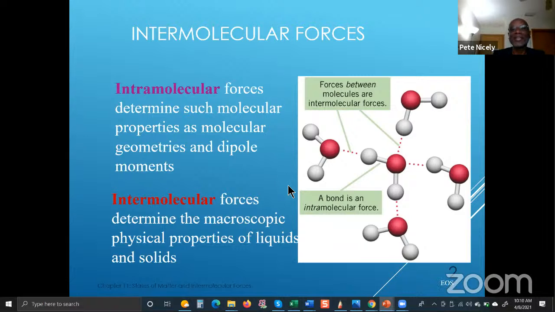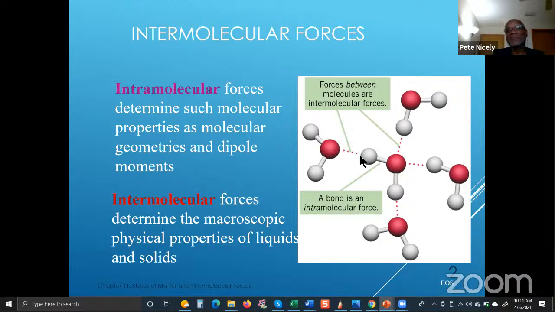So for example, in the case of the water molecule, which is a simple molecule, one oxygen connected to two hydrogen atoms, the intramolecular forces would be the forces between the oxygen and the hydrogen atoms, which would be the covalent bonds. On the other hand, you have forces that exist between individual water molecules. More specifically, there will be a force of attraction between the oxygen of one water molecule and the hydrogen of another water molecule.